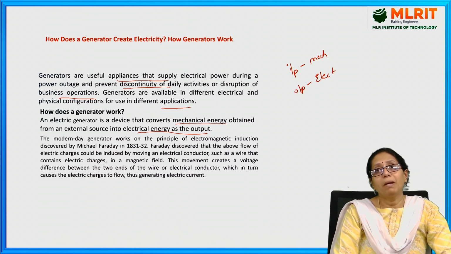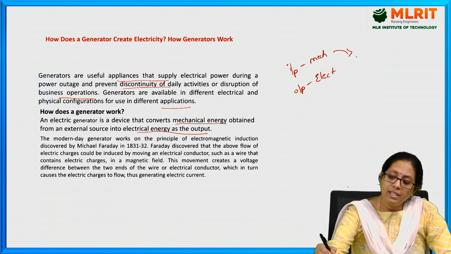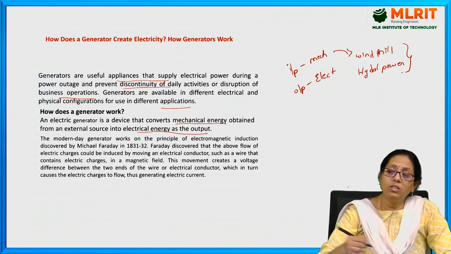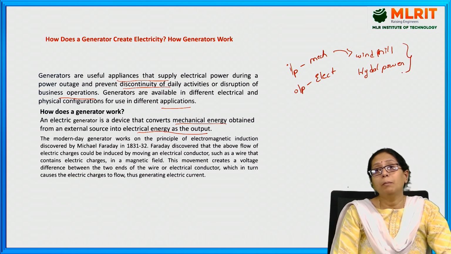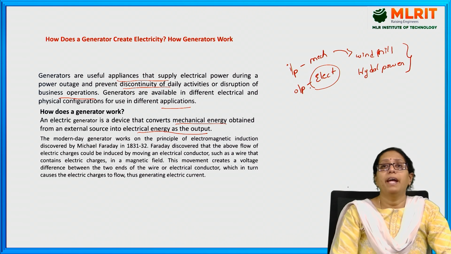For example, a windmill or hydropower are examples of the input mechanical energy which is connected to the generator to convert it into electrical energy.